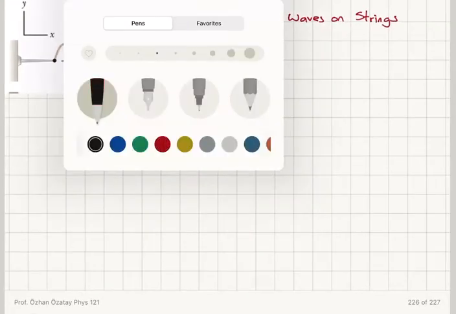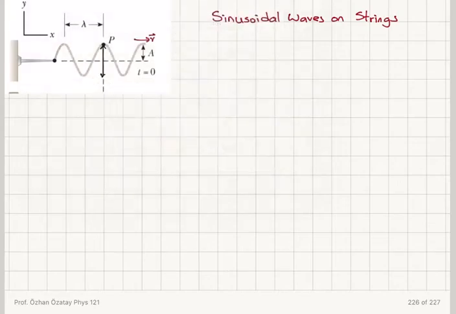And I know for a sinusoidal wave that's traveling on a string to the right, the wave function has to form y of x,t is equal to A sine(kx minus omega t) plus a possible initial phase, but for this demonstration let's take this phase to be 0.